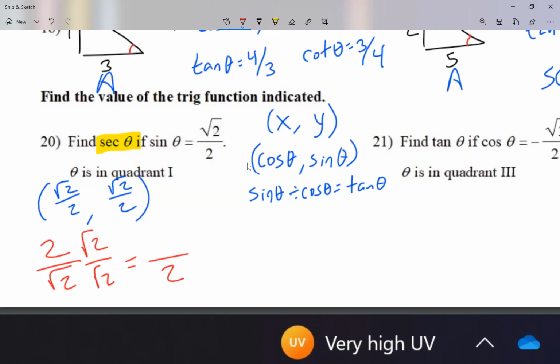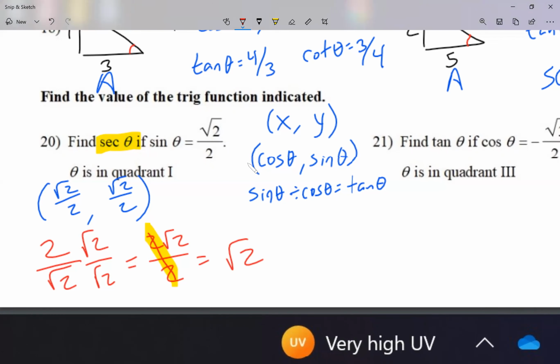Square root of 2 times square root of 2 is just 2. When you multiply a radical by itself, you just get the number on the inside. On the top, I have 2 radical 2. Pay attention to this fraction, 2 over 2. Isn't that 1? So my answer in this case is just radical 2.